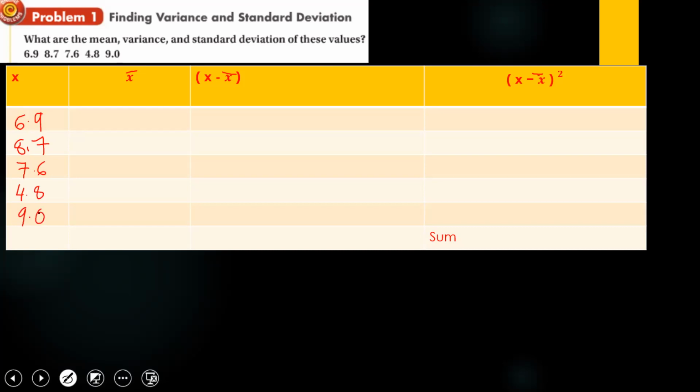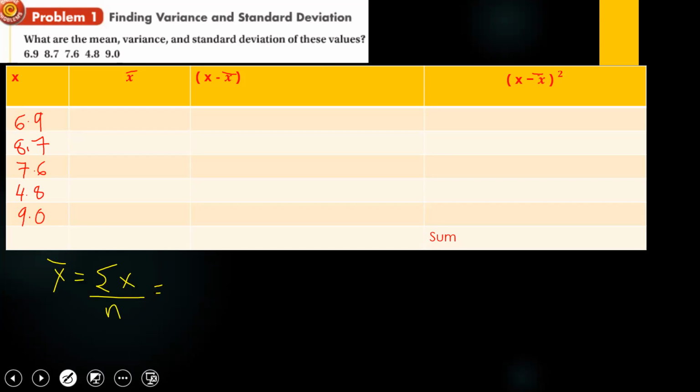There is no need to order them. Then after that, we have to find the x bar. As we know before, how can we find the x bar, or the mean? We have to add the values, the summation of the values over n. So let's find x bar.